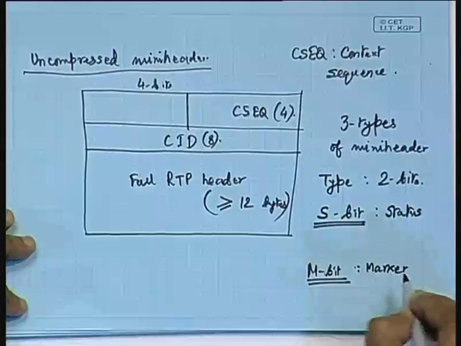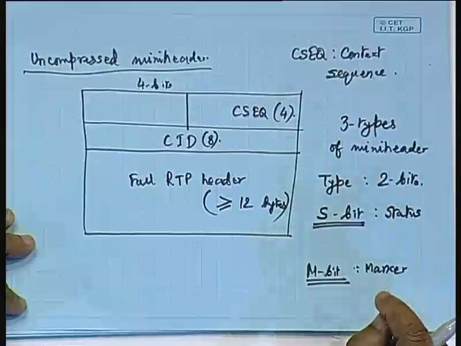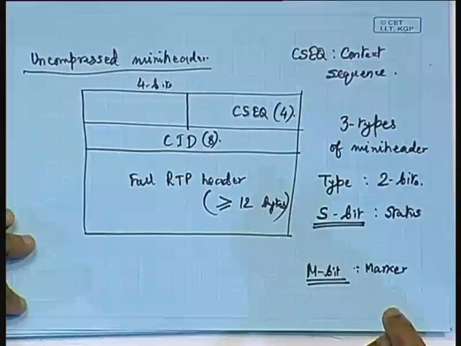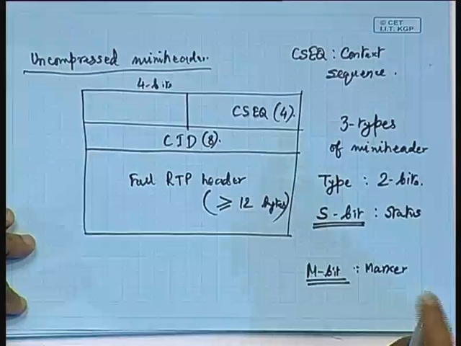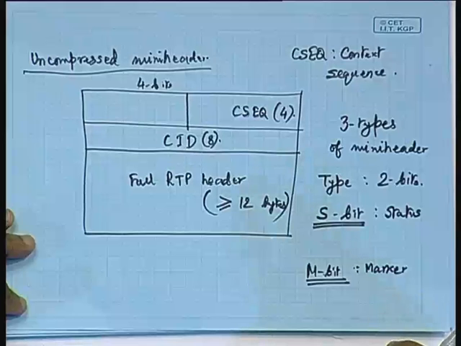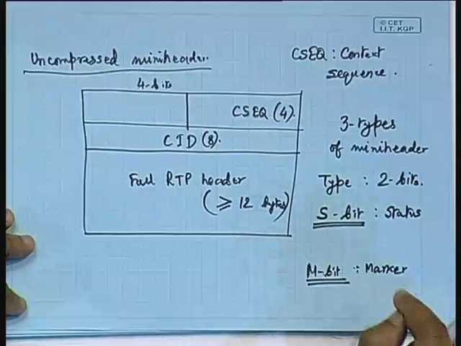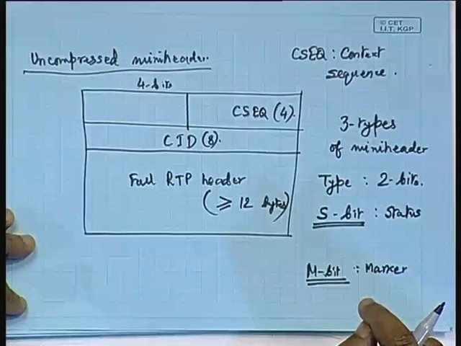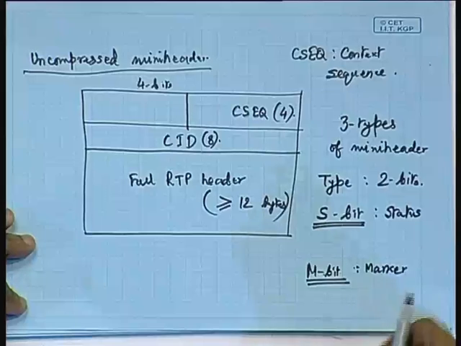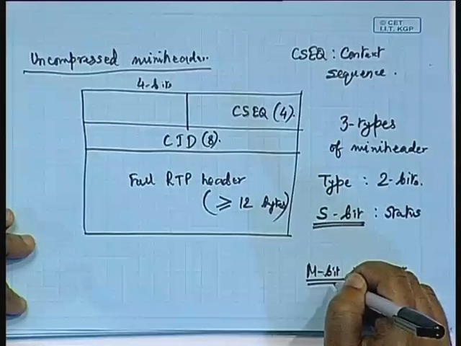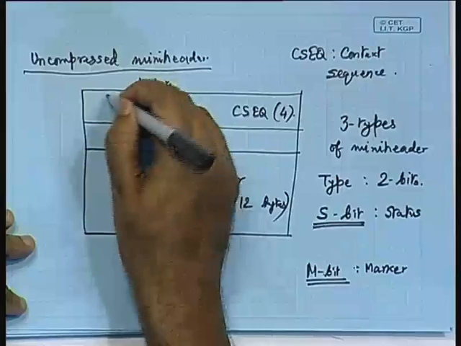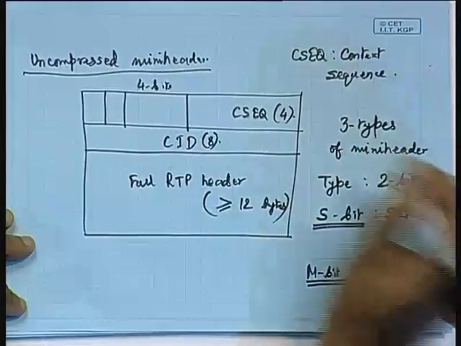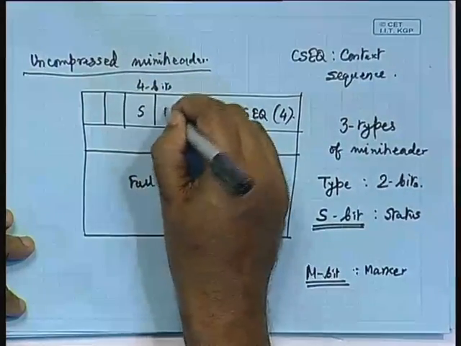The marker bit is 1 when any session starts: the first packet would contain the M bit as 1 and the subsequent packets will contain the M bit as 0. So 2 bits for the header type, and 2 bits for the status and the marker.